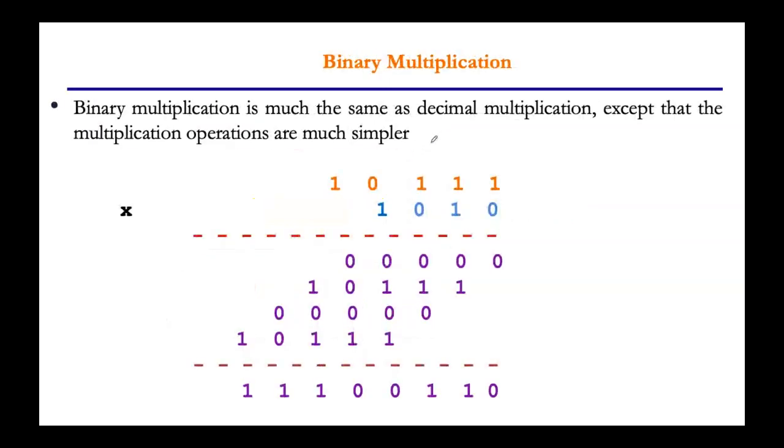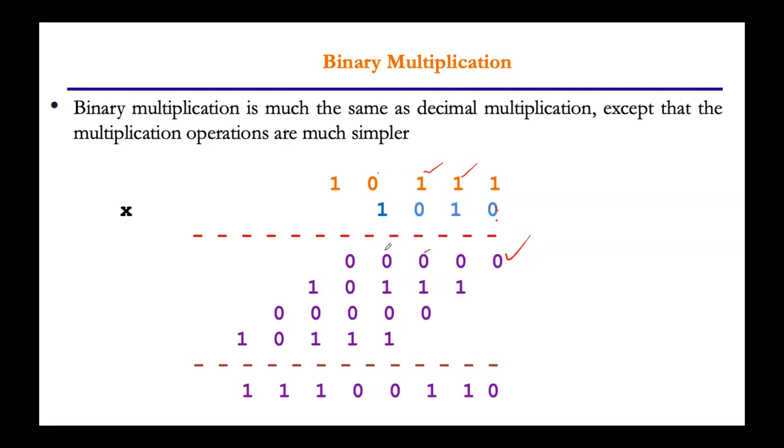Then the multiplication. Binary multiplication is the same as decimal multiplication, except that each multiplication operation is much simpler here. You can see this binary number is multiplied with this number. So you multiply 0 with 1: 0 into 1 is 0, 0 into 1 is 0.